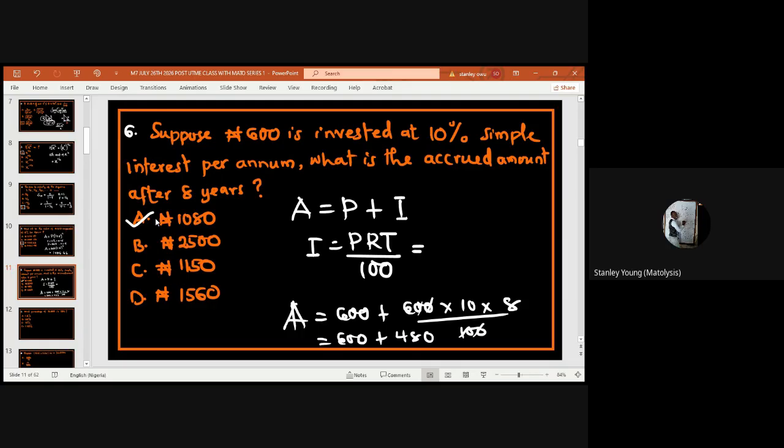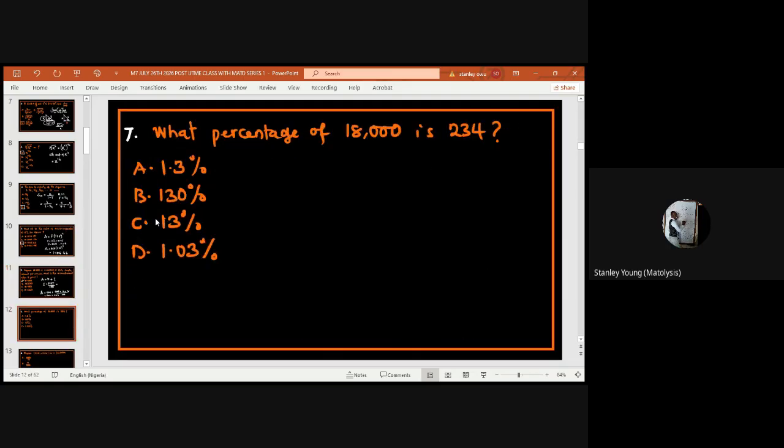Question 7. What percentage of 18,000 is 234? Okay. Let us even use logic for this problem without having to solve.